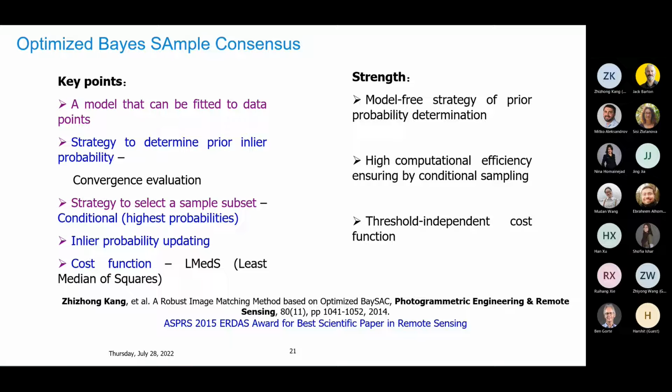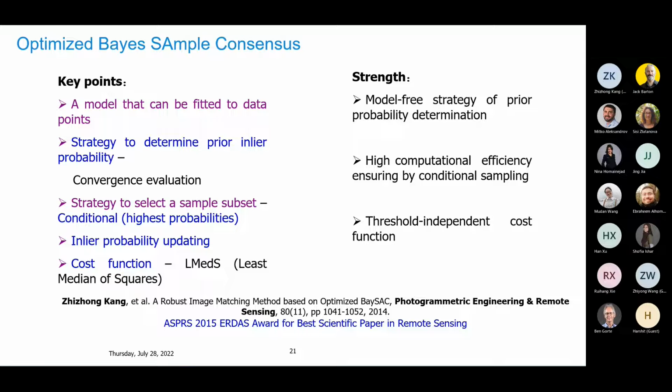In this algorithm, we use a strategy to determine the prior inlier probabilities, which means we are using a conditional sampling strategy.